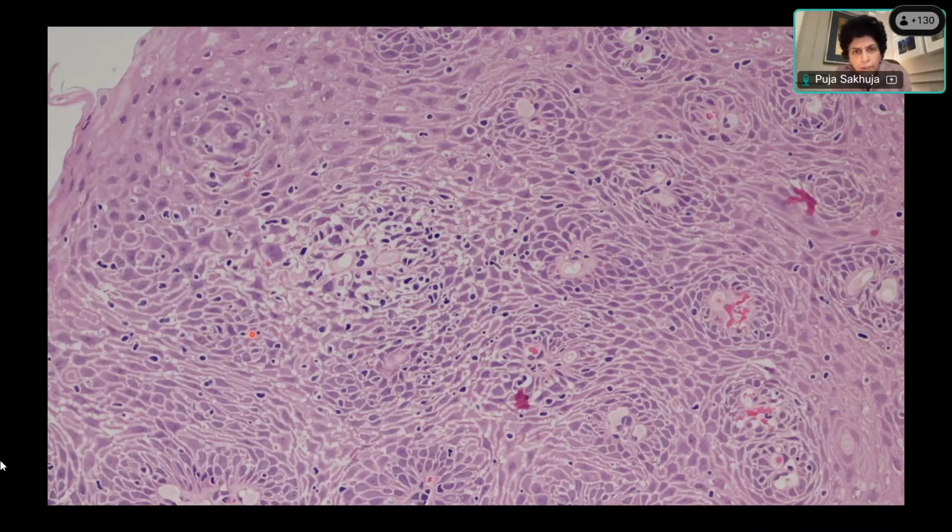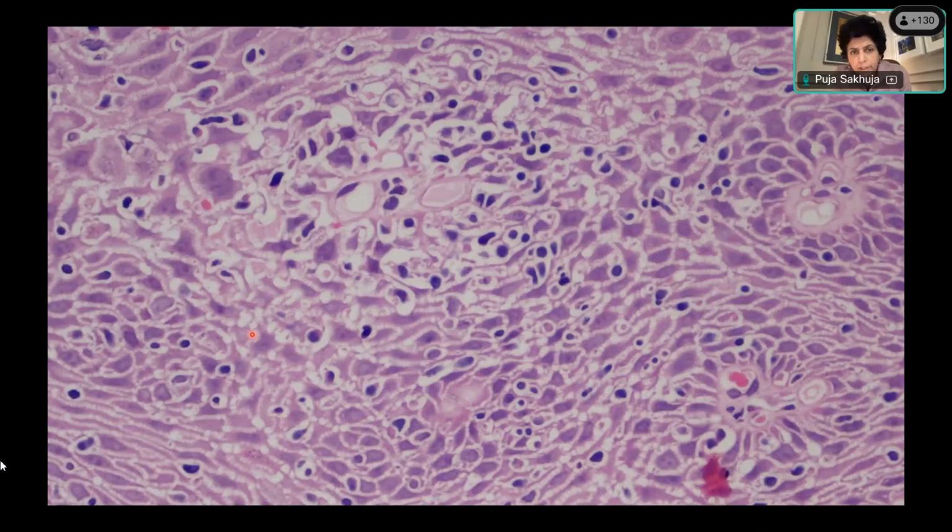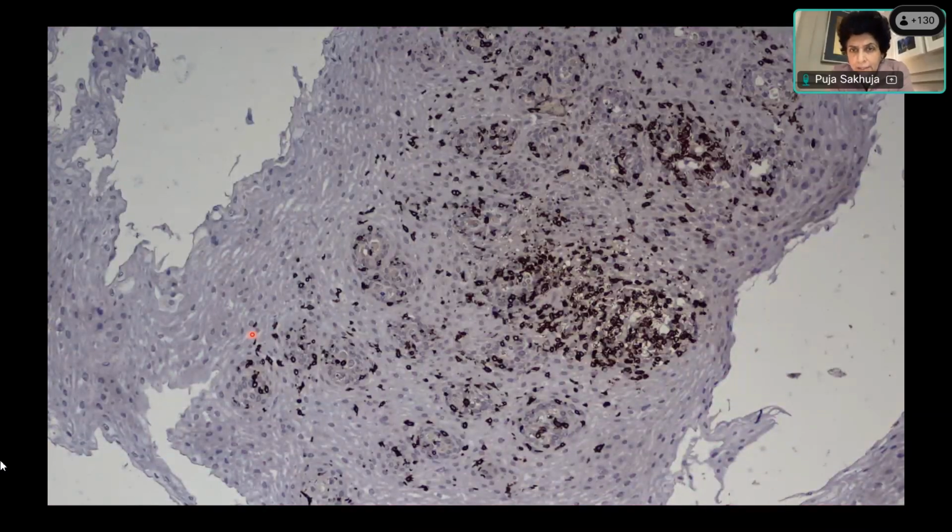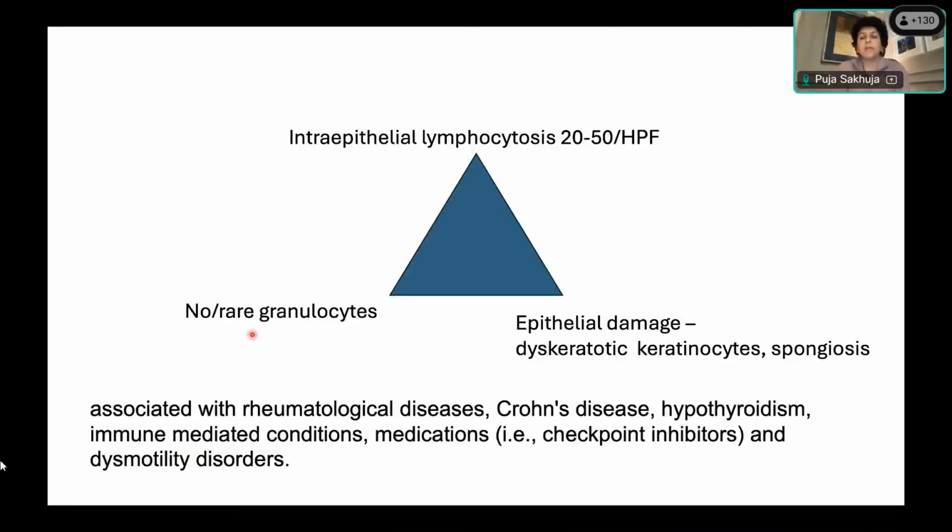Good. So you can get lymphocytic esophagitis also. A prerequisite is that you should not have neutrophilic inflammation in that. If you have neutrophils and lymphocytes, then the lymphocytes are just there, it's not lymphocytic. So in the absence of significant neutrophilic inflammation, if you get an increase in the lymphocytes in the esophagus also, that is, see, this is CD3 stain, strongly positive, and that is intraepithelial lymphocytosis in the esophagus.